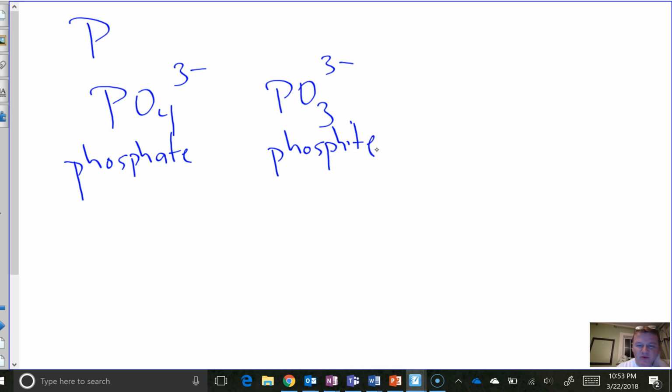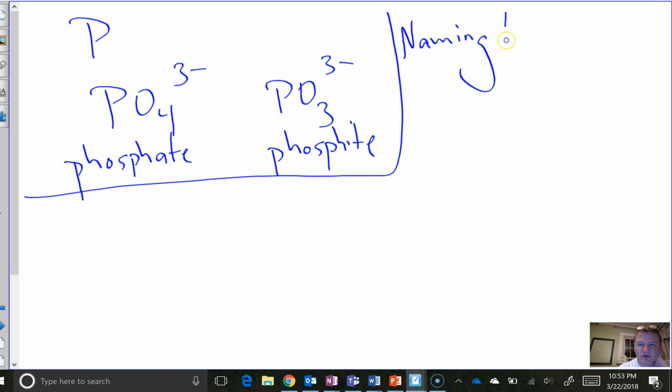And here's that pattern. This is how we name polyatomic anions. The naming rules for polyatomic anions. Simple as this.